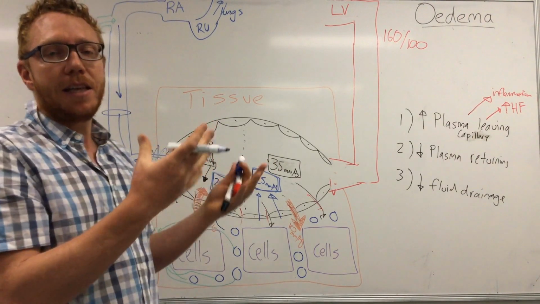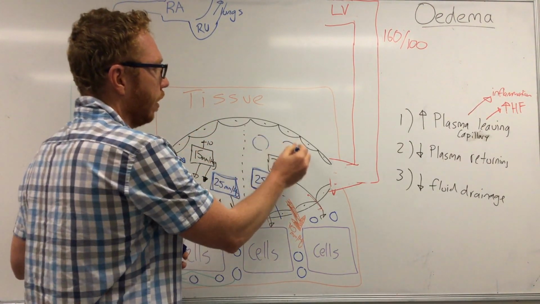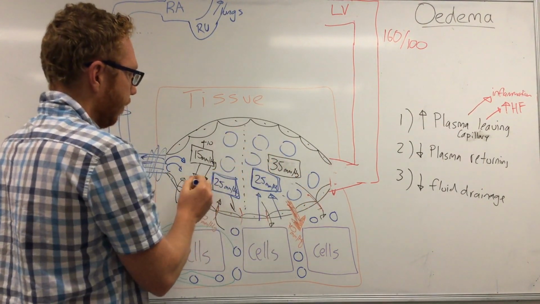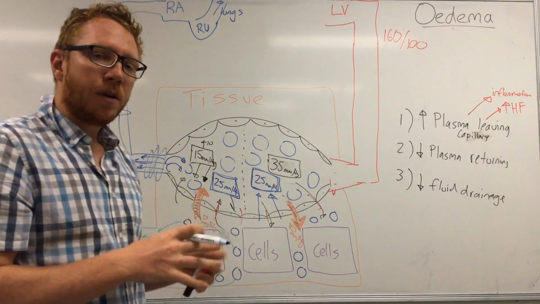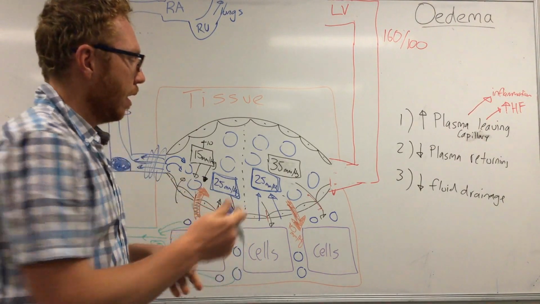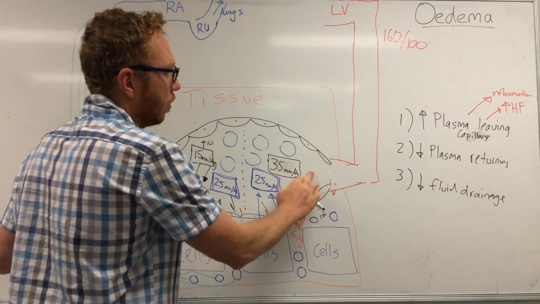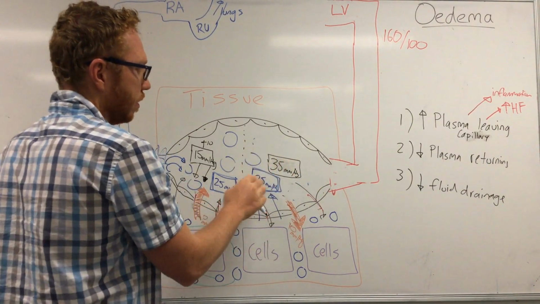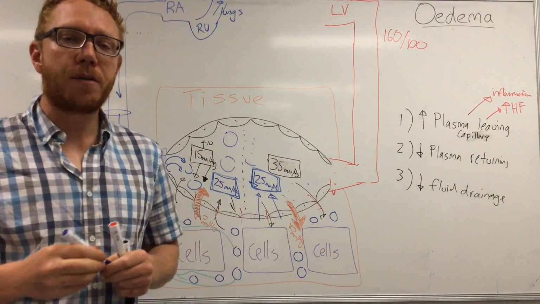Basically anything that would decrease the amount of plasma proteins within the capillary. Normally you have plasma proteins such as albumin, fibrinogen, and globulins. If they decrease, so you start to kill them off or they're not produced, that would cause this number to go down.